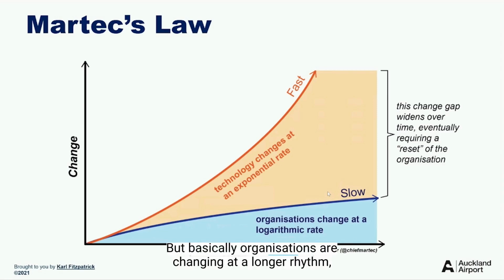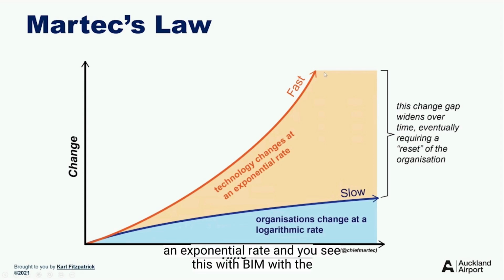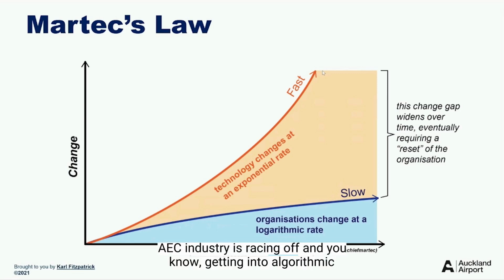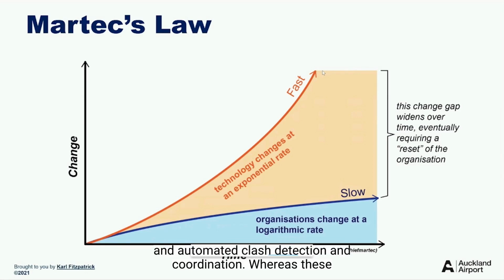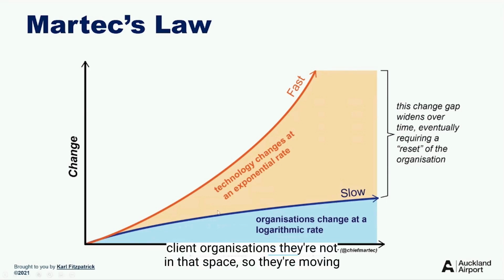Basically, organizations are changing at a logarithmic, or slow, rate over time. The technology is going at an exponential rate, and you see this with BIM, where the AEC industry is racing off and getting into algorithmic design and artificial intelligence and talking about blockchain and automated clash detection and coordination, whereas these client organizations are not in that space, so they're moving much slower.